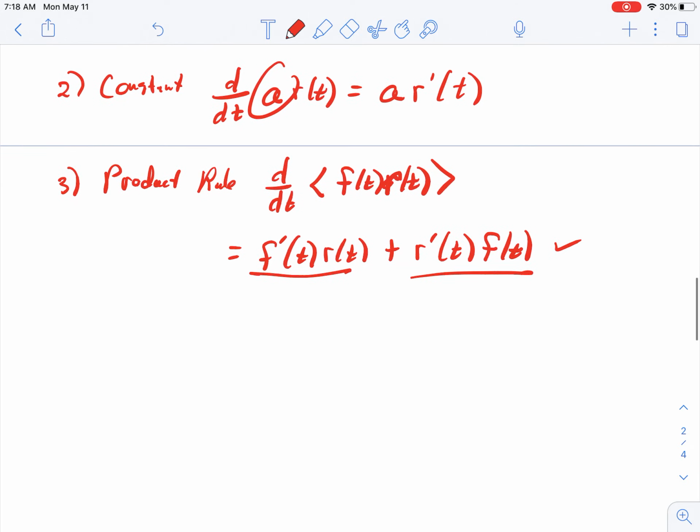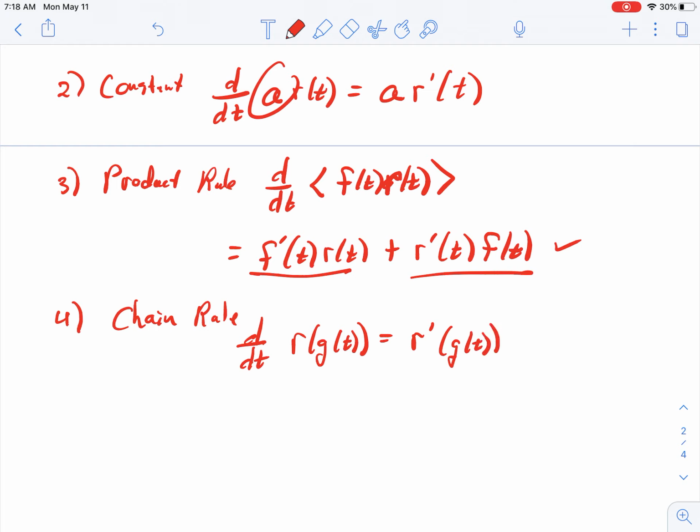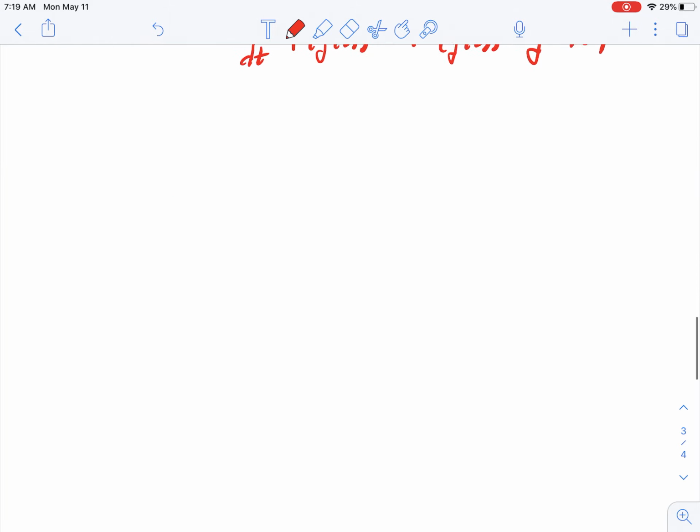One more rule, I'll come back to the product rule in a second. Let's do the last rule here, the chain rule. You have, let's say, d/dt of r of g of t. You have to do the derivative of r first, and then multiply by the chain piece, g prime of t. You'll definitely need some examples of how that works. So let's come back to the product rule, because I think you need an example of how to set up a format so you don't make mistakes on those.